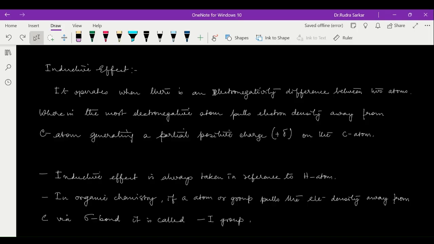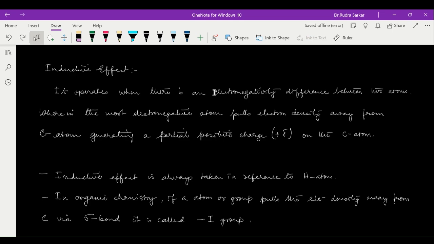That means if you have simply hexane or ethane, between the two carbons there is no inductive effect. But if you have a chlorine and a carbon, then there is inductive effect. How so? Because now carbon is less electronegative, chlorine is more electronegative.